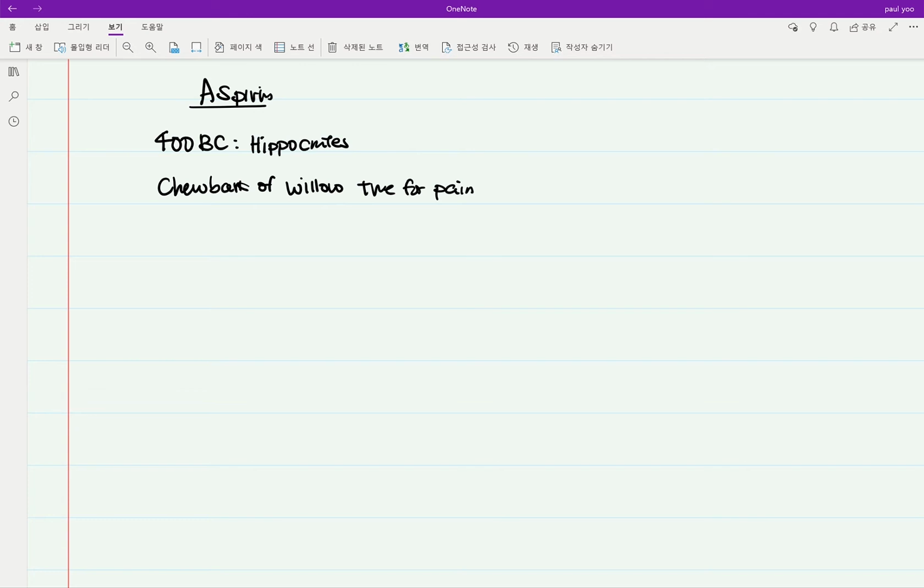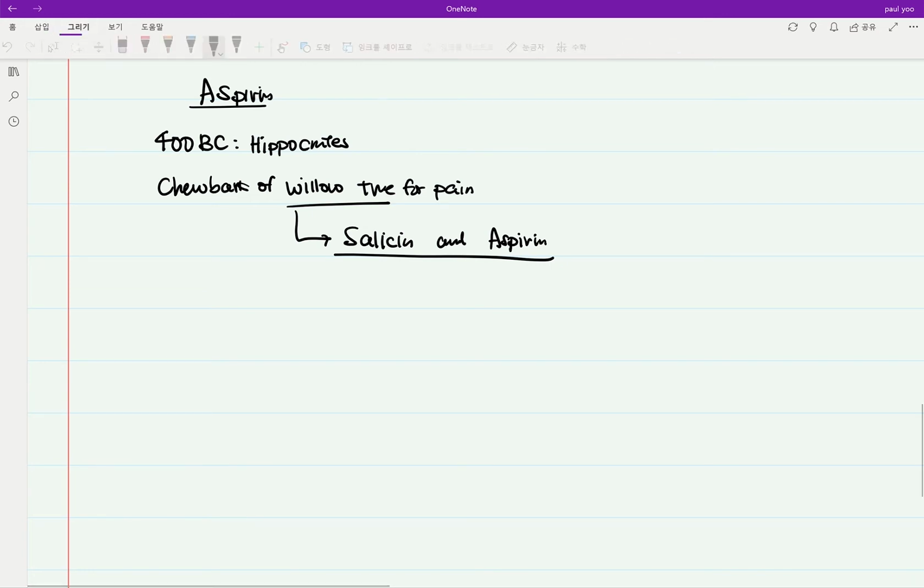The active component of willow bark is salicin. Willow tree contains salicin, and salicin and aspirin are considered prodrugs.